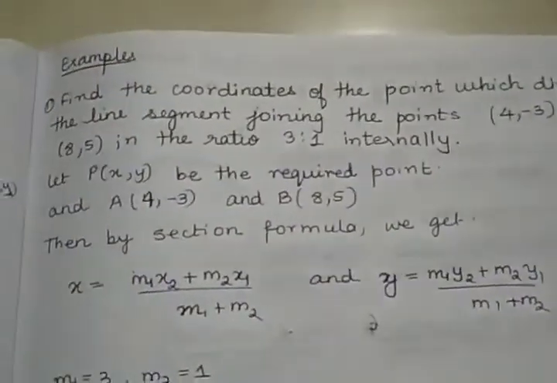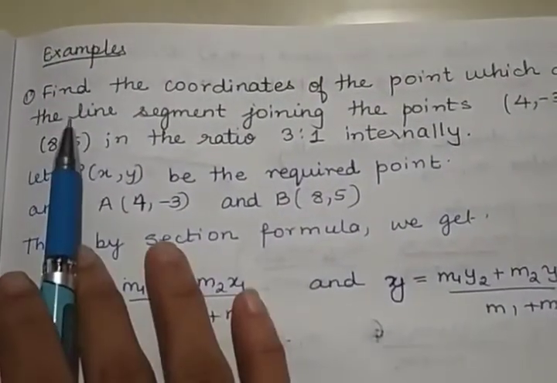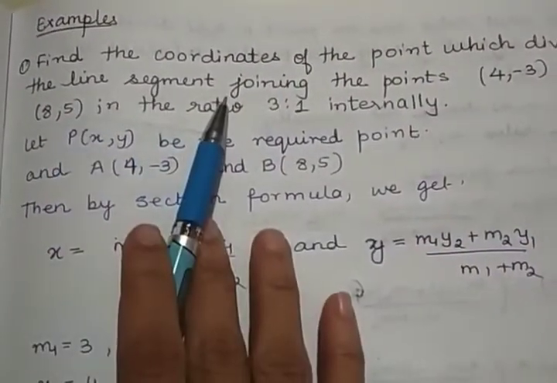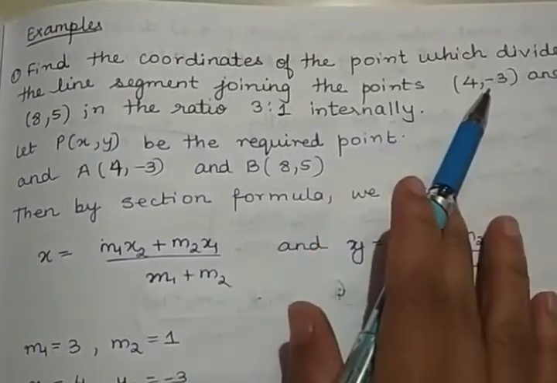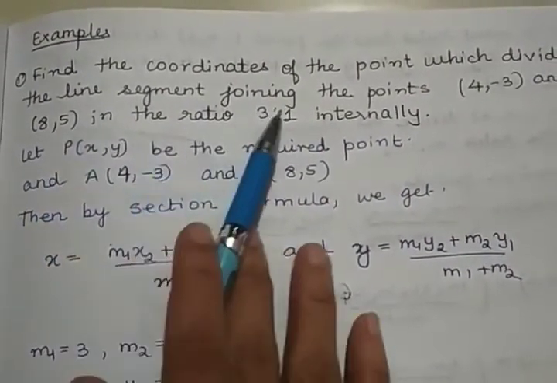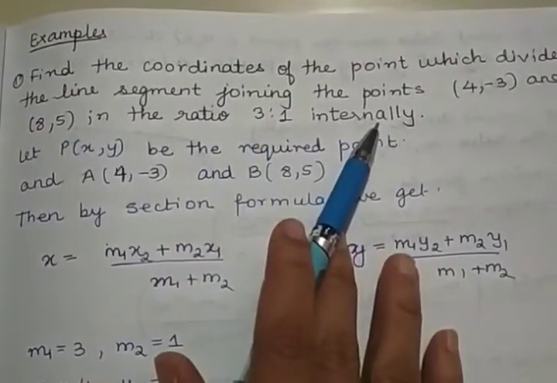Now let us solve some examples based on the section formula. Find the coordinates of the point which divides the line segment joining the points (4, -3) and (8, 5) in the ratio 3:1 internally.